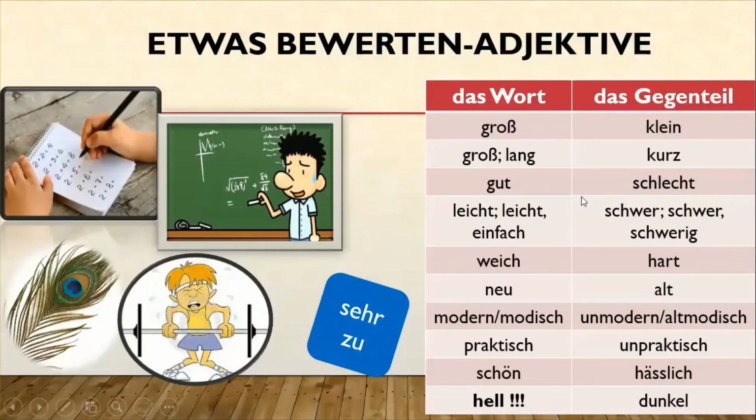These adjectives are tricky in the German language because note that we use leicht in German to describe the weight of something, that is, something is light like a feather. We can use it in another sense also.